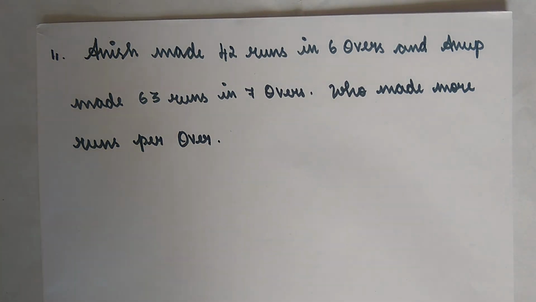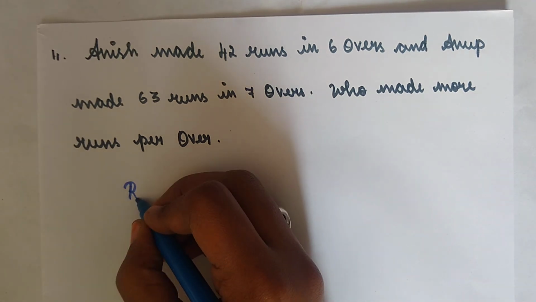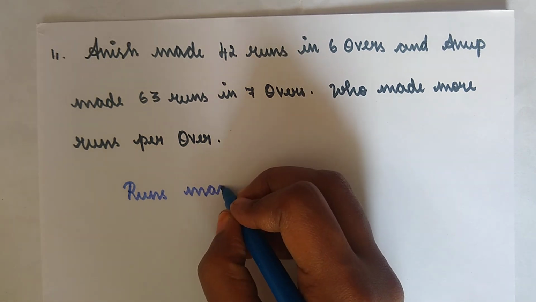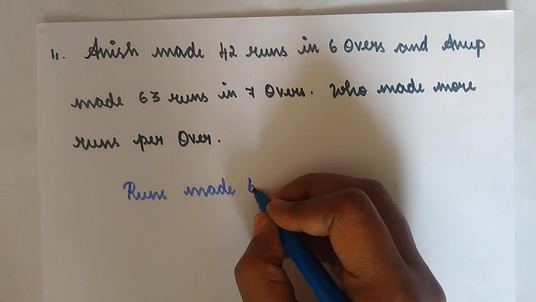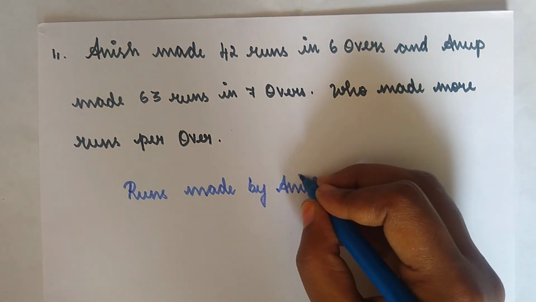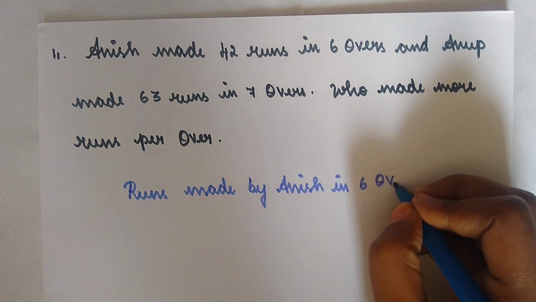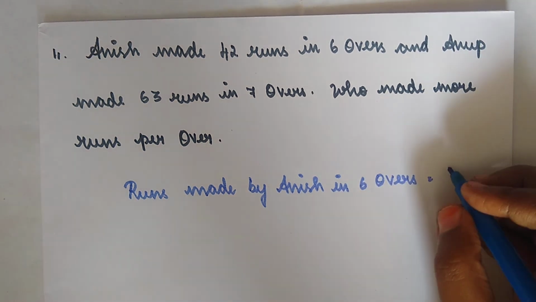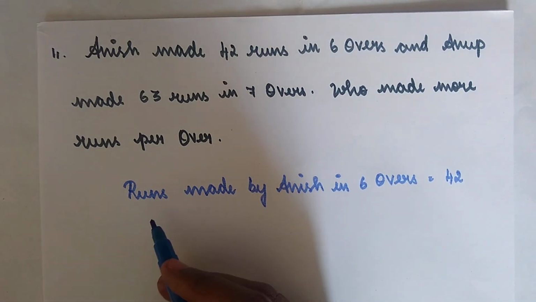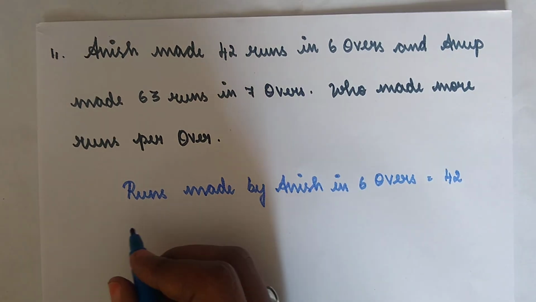Okay. So here given, runs made by Anish in 6 overs equal to how many runs? 42 runs.